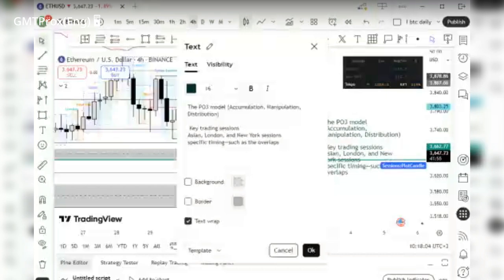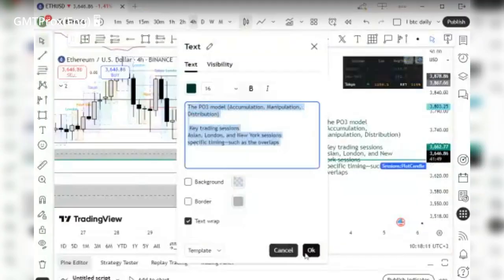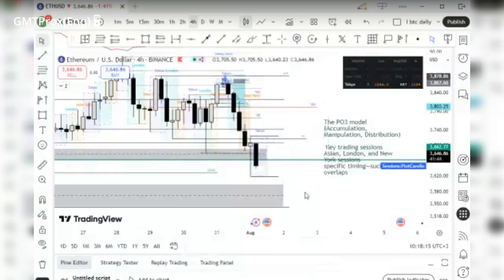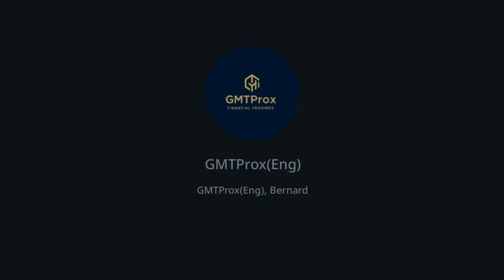So we are analyzing the market from the higher time frame. For example, yesterday I was analyzing Ethereum.